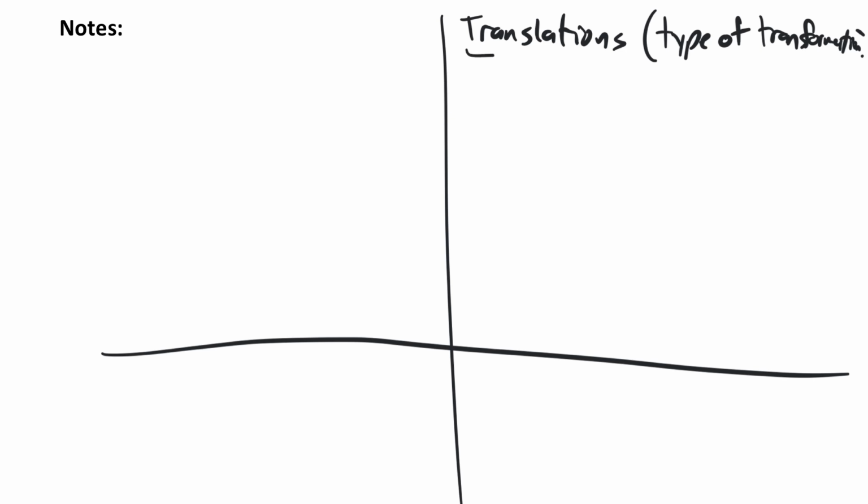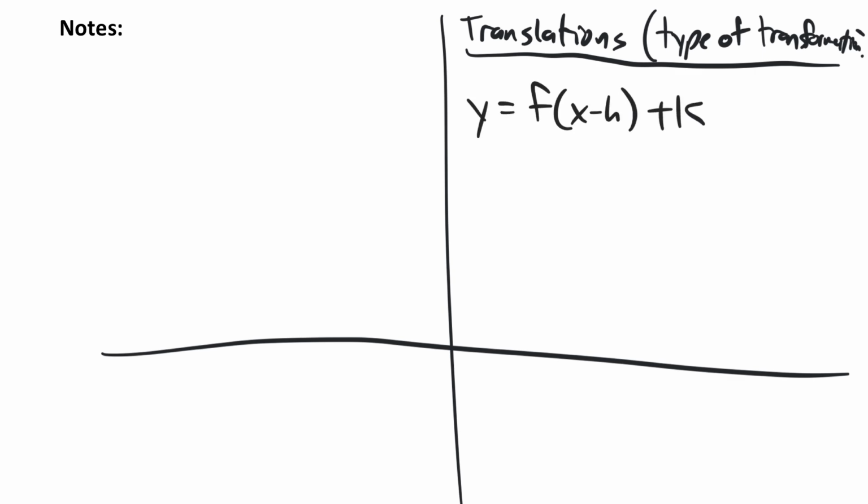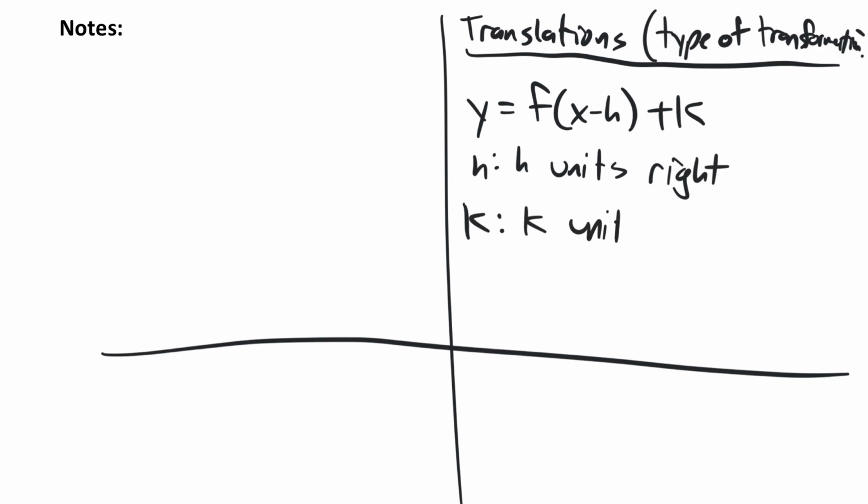The general equation for a translation is y equals f(x minus h) plus k. The h represents h units right, and the k represents k units up. So we're going to translate the graph either right and up, or if the inside ends up being a plus sign, then it ends up being left. And if the outside's a negative sign, then it's down.